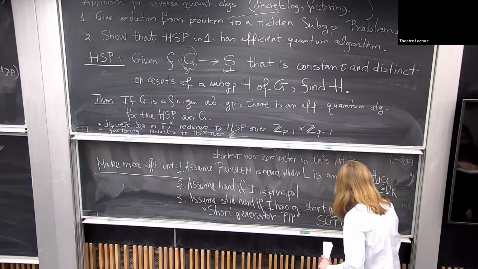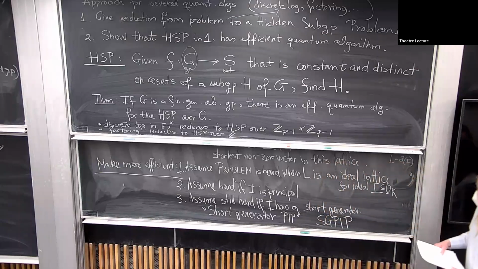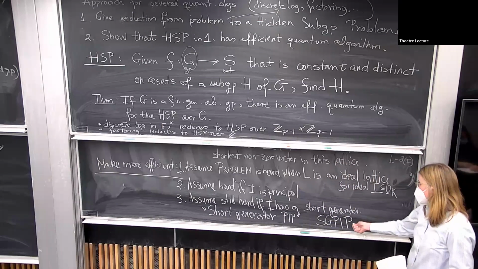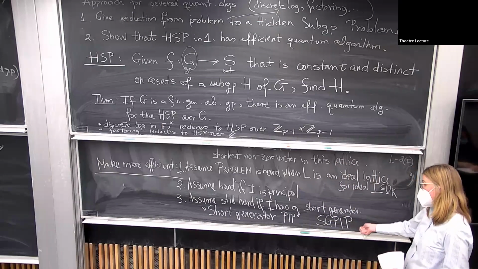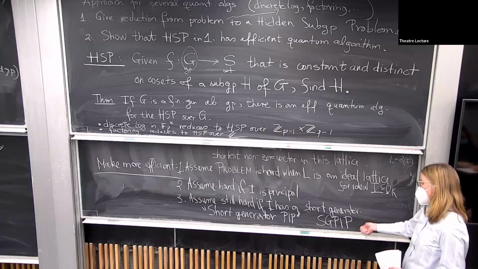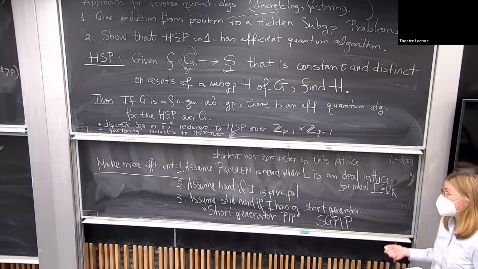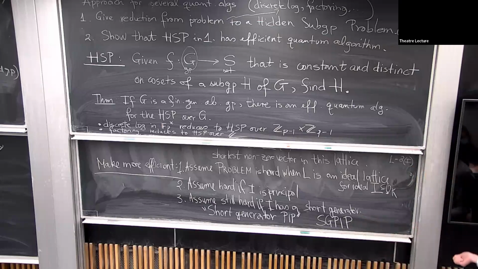I know it sounds pretty awful, but for the talk, it's writing down short generator principal ideal problem one more time. So basically the assumption here is that the short generator principal ideal problem must be hard.